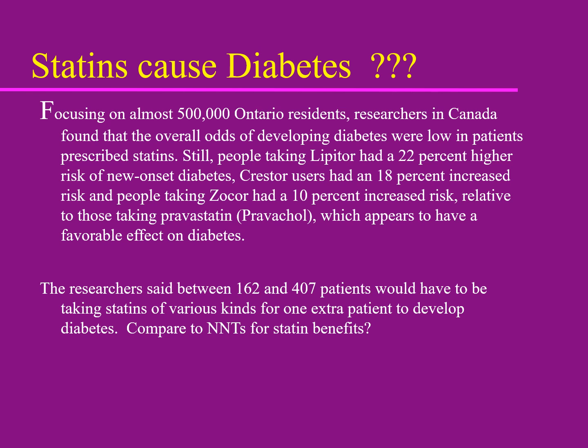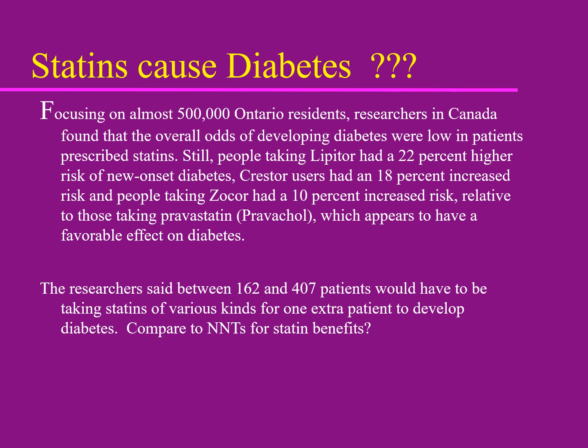And so if we look at those, we see that Crestor had an 18% increase, Lipitor had a 22% increase, Zocor, which is simvastatin, had a 10% increase. Pravachol really had no increase and might have even shown a decrease in the frequency of the development of diabetes.